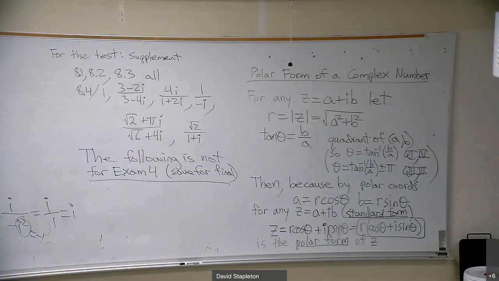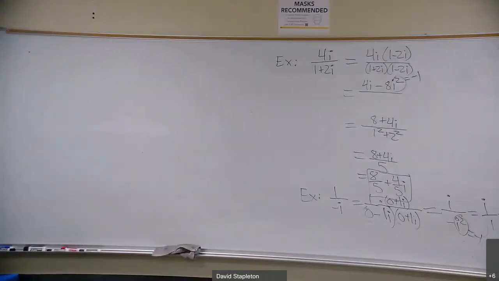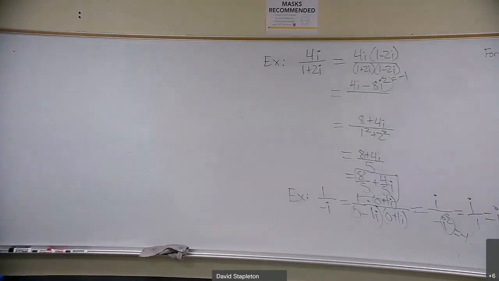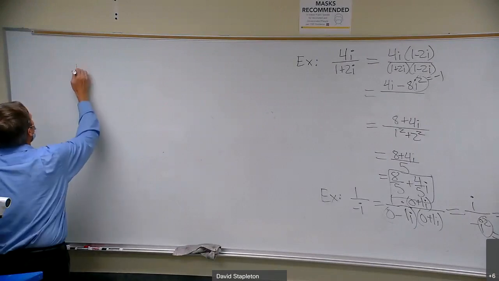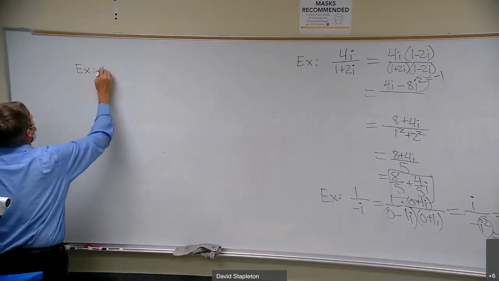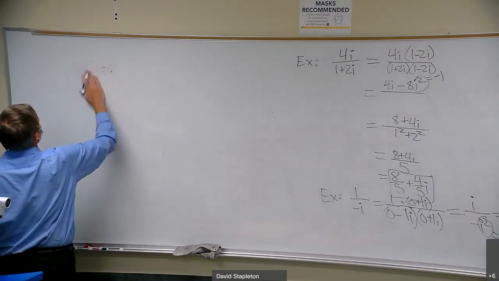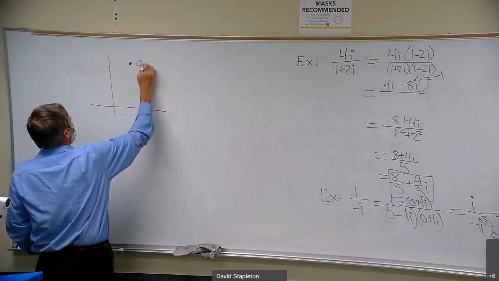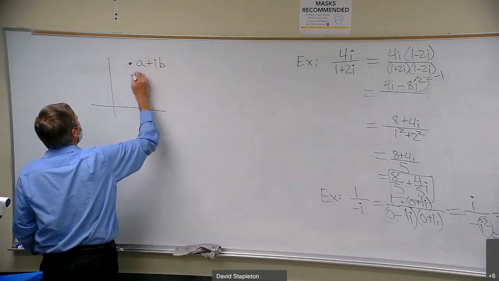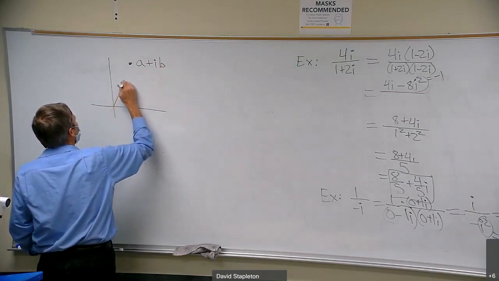It really screams for a picture. Let me try and draw a picture. Then it all makes much more sense, right? A picture's worth 1,000 words is really true. Before I do the example, I want to draw the picture. Any complex number a plus ib, you're thinking of polar coordinates.